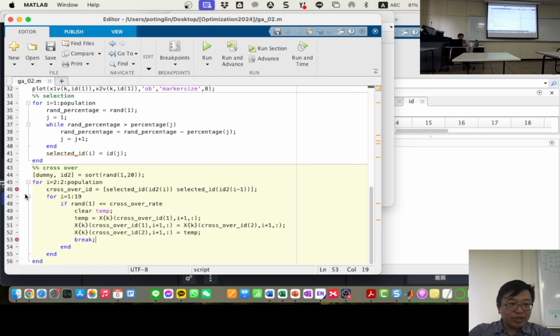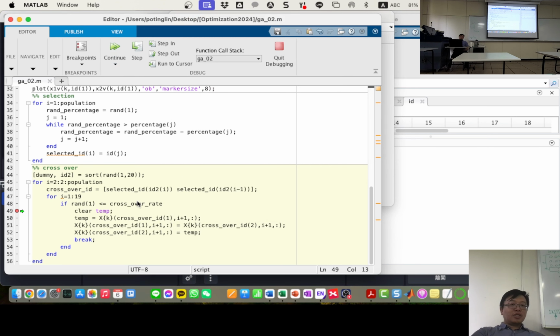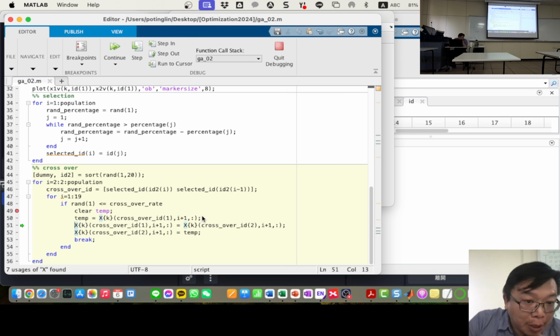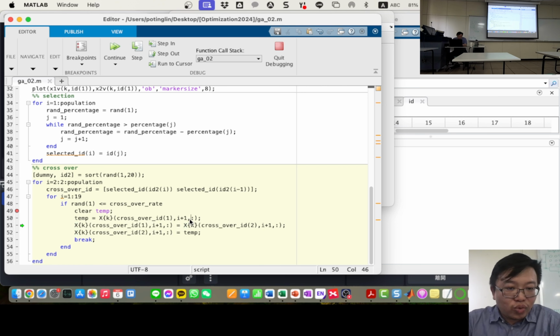Let's see if that works. Let's pause right here. Okay. So right here we are the 15th and the second chromosome will be doing body swapping. So the random number I generated was smaller than the crossover rate. So over here, the temp would be, okay, something's wrong.